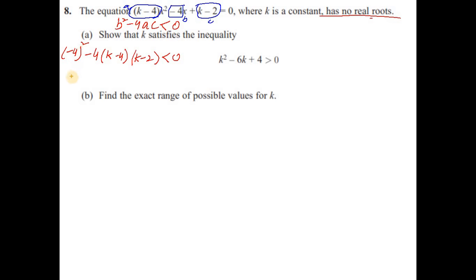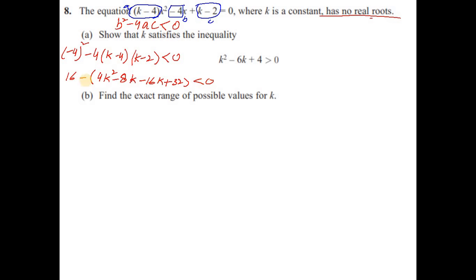So this is 16, and if you multiply these two brackets with the 4, you have minus 4k squared minus 8k minus 16k plus 32 less than 0.